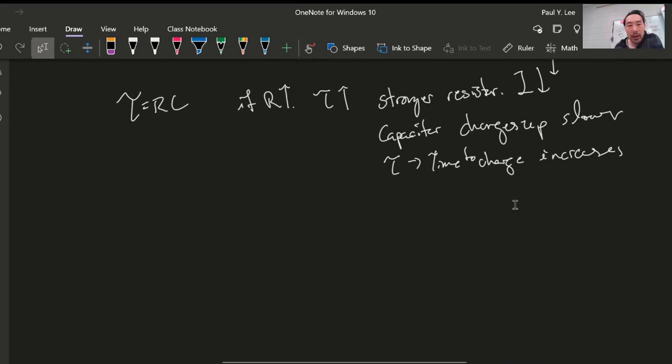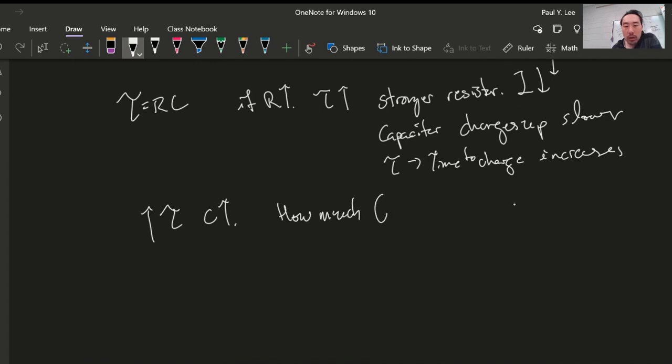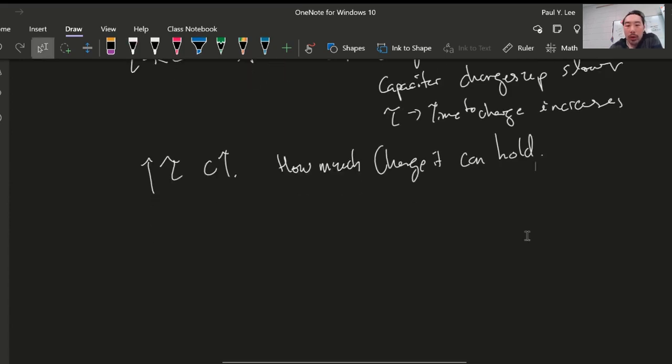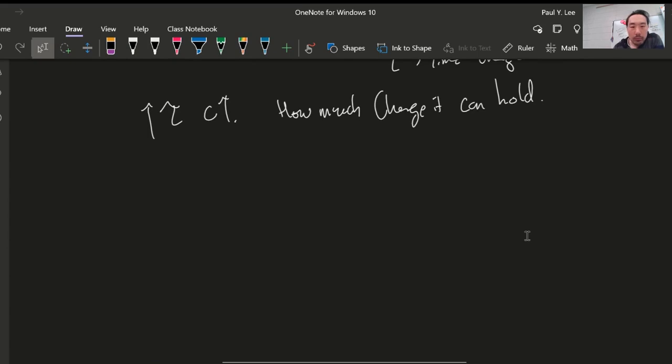Now, what about tau and C? Tau and C are also directly proportional. C, or capacitance, is how much charge it can hold. The formula for capacitance is Q over delta V, so it's a ratio.